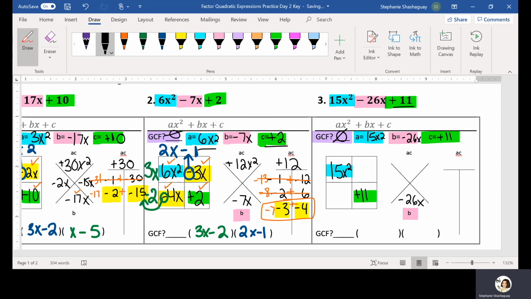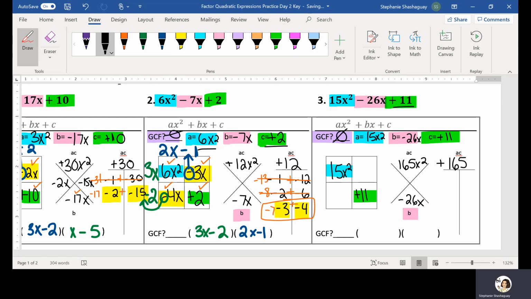Okay, now I need to multiply my A times my C term. So 15 multiplied by 11, and I get 165x squared. Okay, that's a pretty big number to be factoring. Let's see how long it takes us to find factors that are going to multiply together to give me a positive 165, but add together to give me a negative 26.